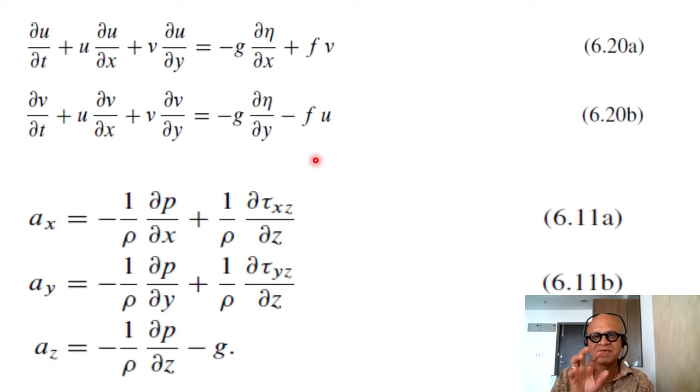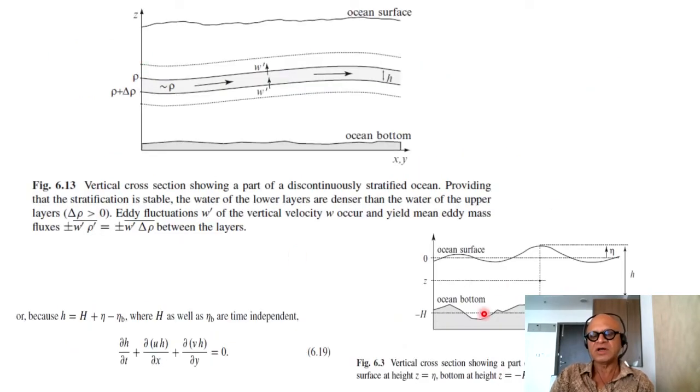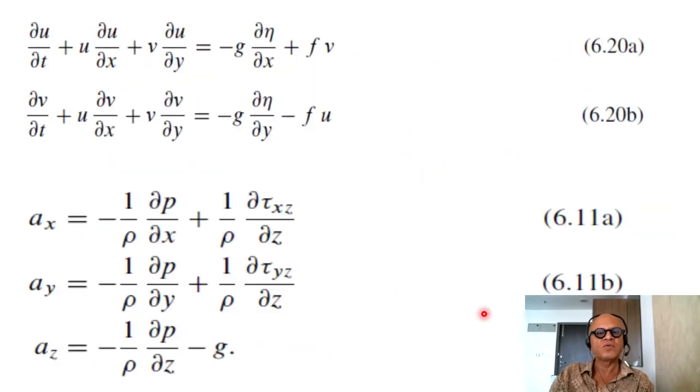So keeping all that in mind, we come back to the shallow water equations we had derived, where we wrote the equations again: du/dt plus u du/dx plus v du/dy equal to minus g d eta/dx plus f v, and dv/dt plus u dv/dx plus v dv/dy equal to minus g d eta/dy minus f u.